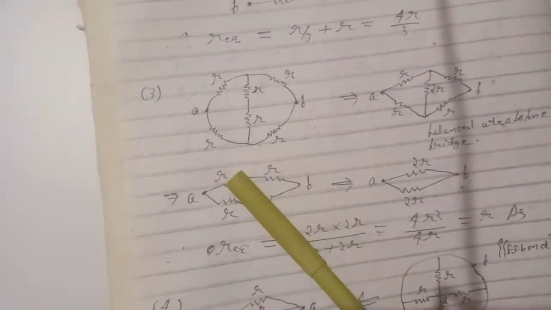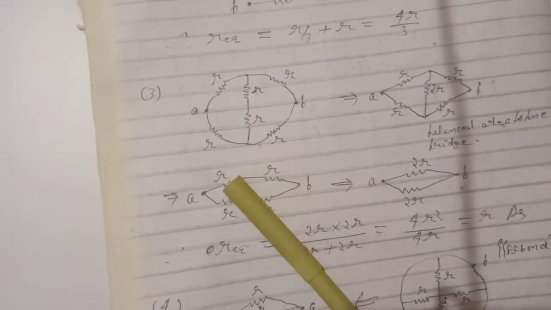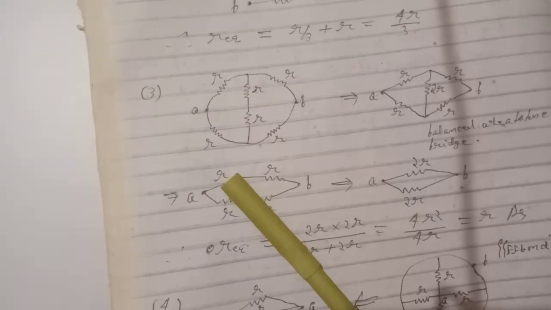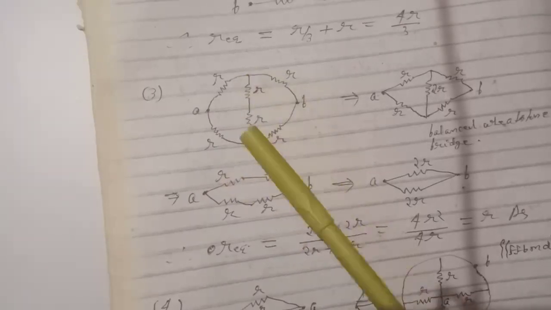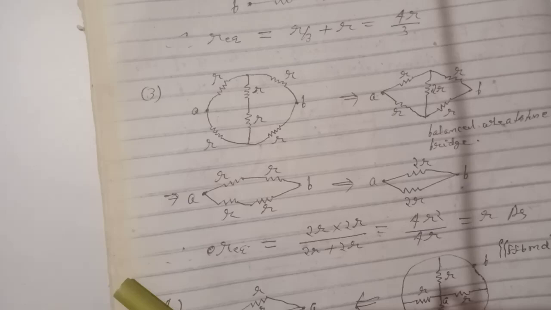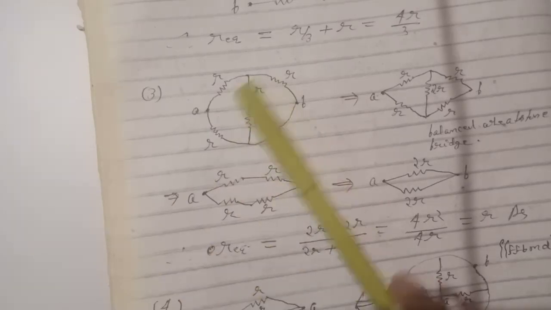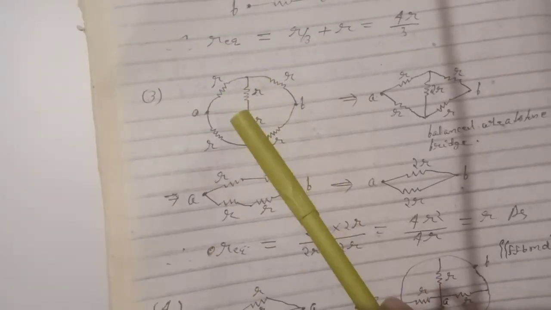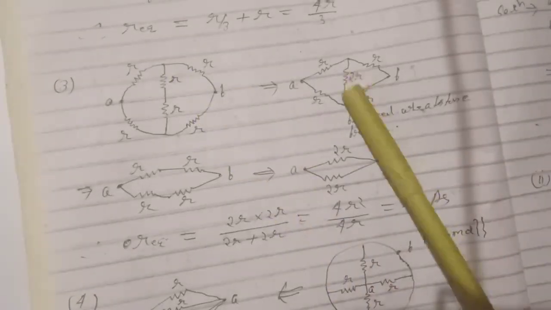Next, in this case, if we see, then this will be in series, so this will be replaced by one equivalent resistance as shown in this figure, and this will be 2R.